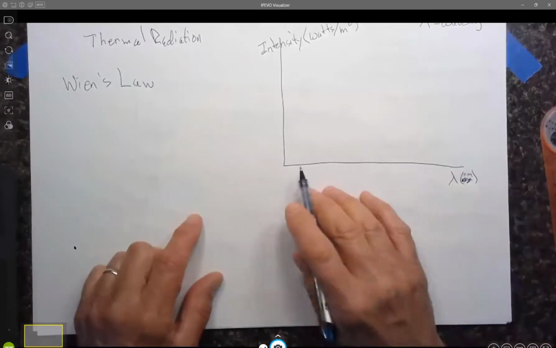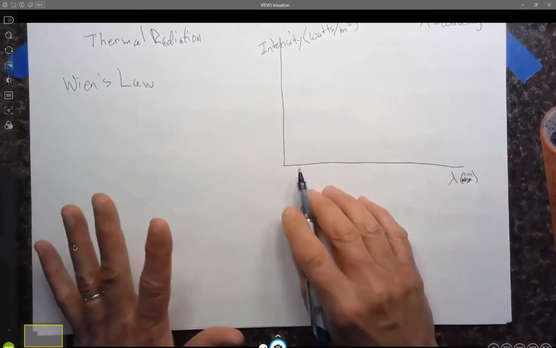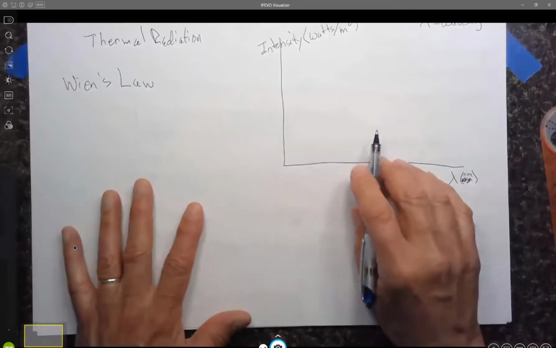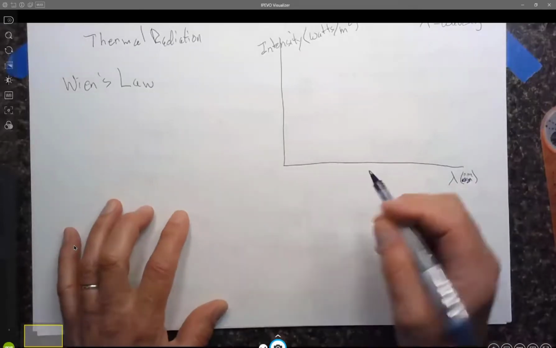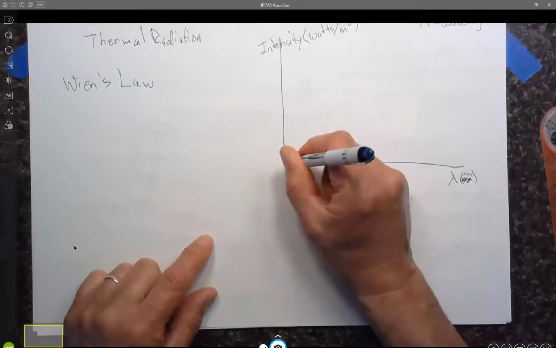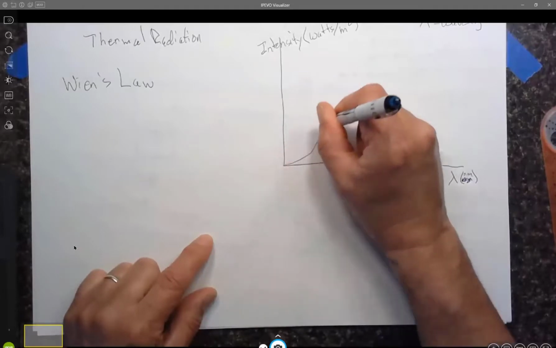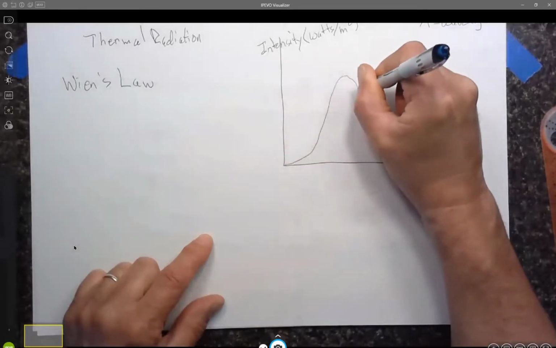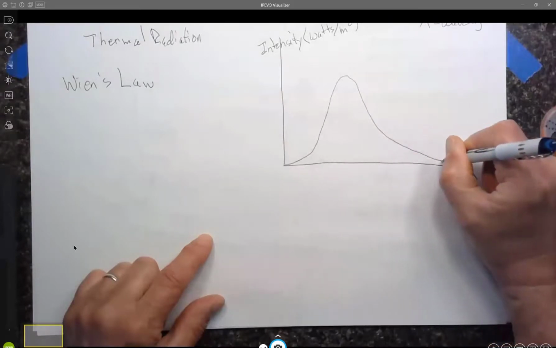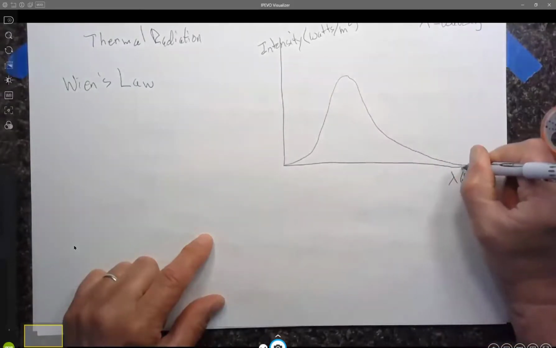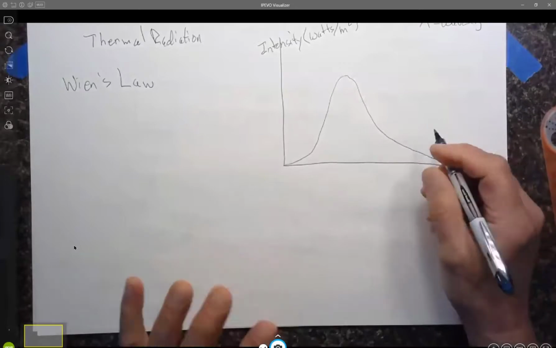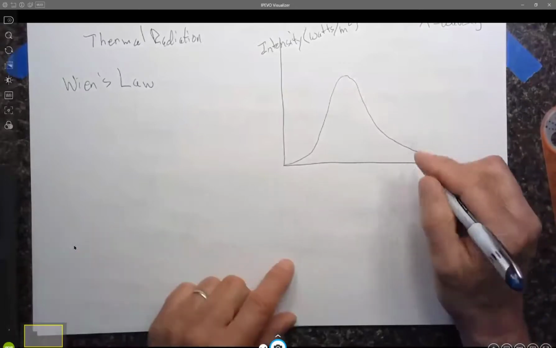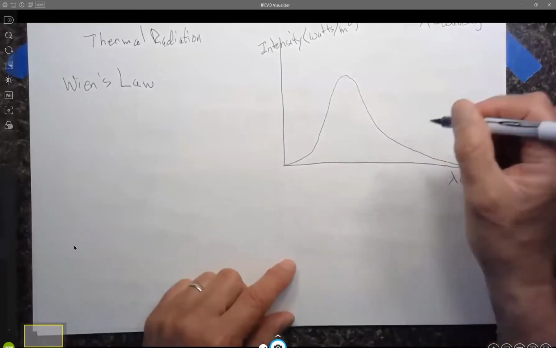And what they find is that things give off different amounts of light at different temperatures. But there was one thing that showed up, and that's how Wien's Law is described. By the way, the curve that I've just drawn here is the curve for something that is a very good radiator of light.